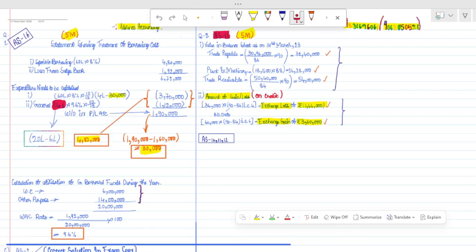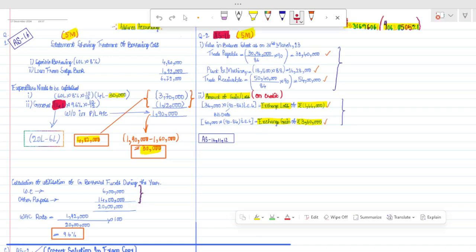But my solution, the correct solution, is that the amount to be charged to P&L is 1 lakh 90,000. And there is a difference of 30,000 from the answer of the examination body.